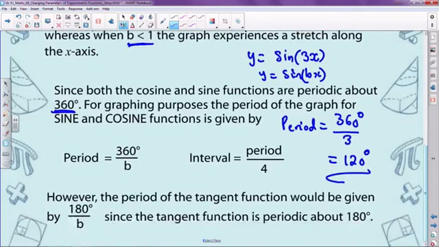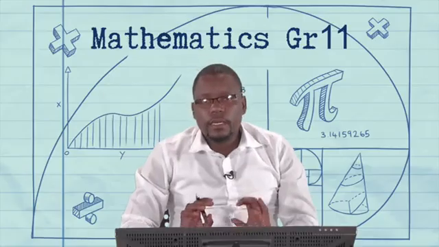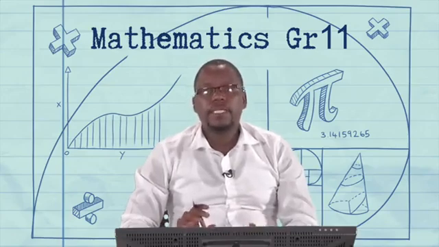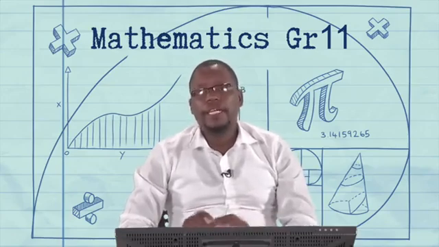Now we're saying, however, the period of the tangent function would be given by 180 over b. Remember that the parent function is y equals tan x. The graph of tan x repeats itself every 180 degrees.